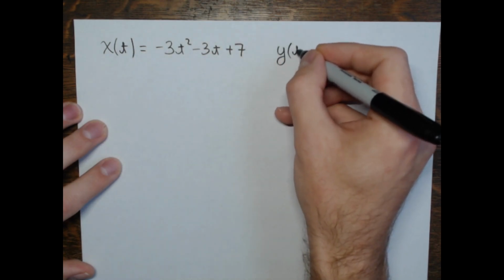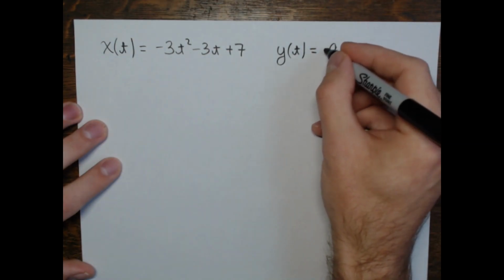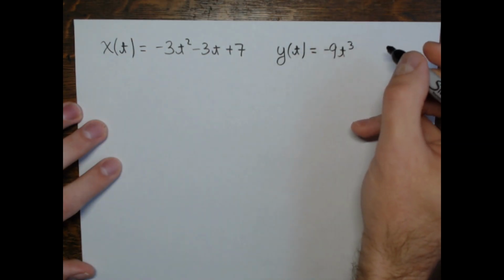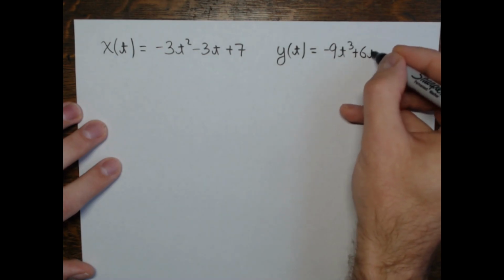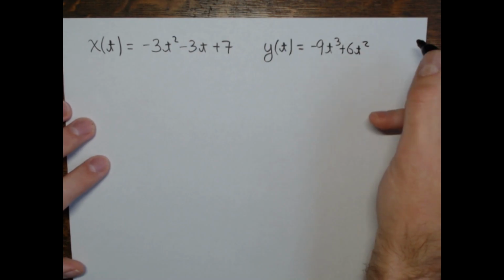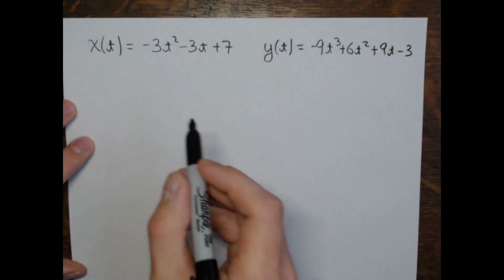And then y of t is negative 9t cubed plus 6t squared plus 9t minus 3. So a couple of polynomial equations.